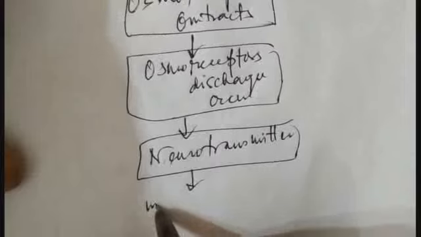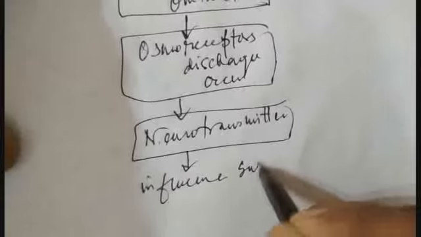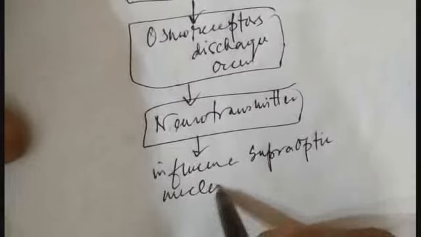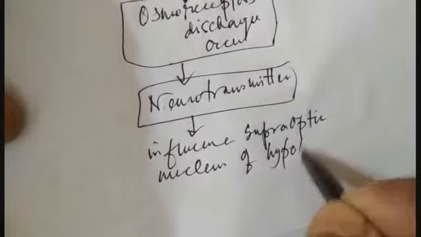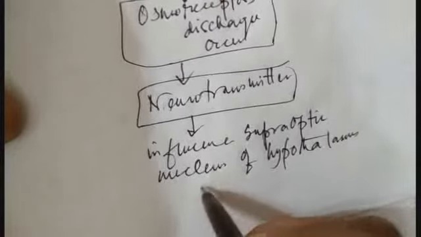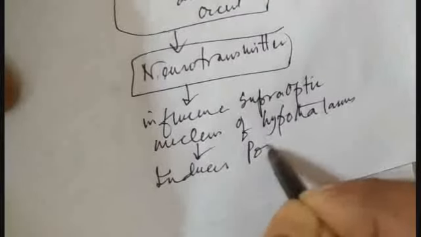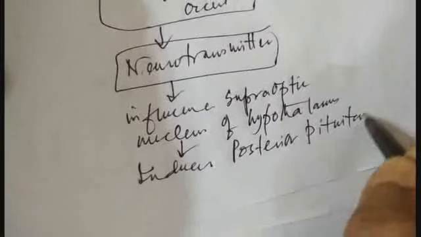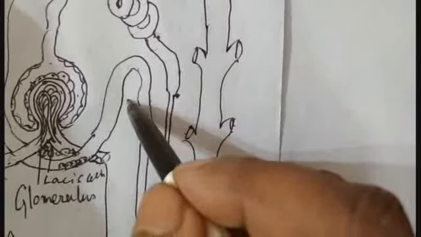Neurotransmitters influence the supraoptic nucleus of the hypothalamus, which induces the posterior pituitary to produce ADH. ADH is responsible for water absorption.